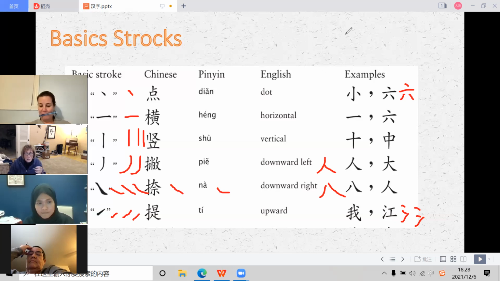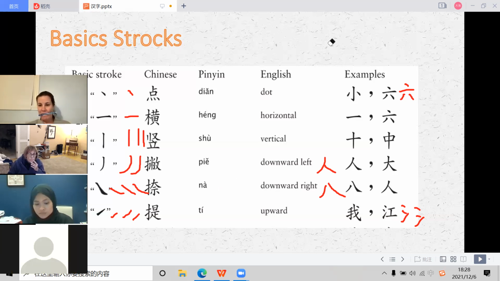One of the strokes has a goose tail flying at the end. It's how you end one of the strokes, like this.